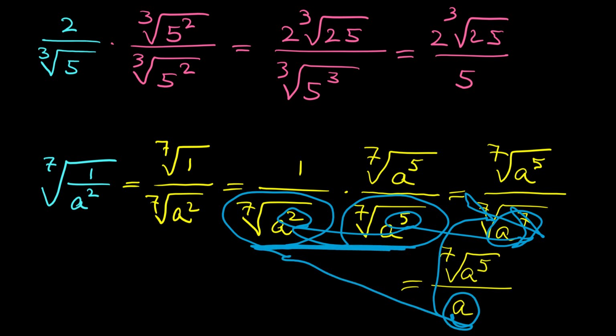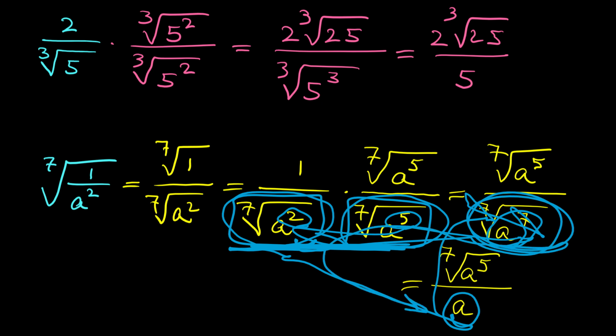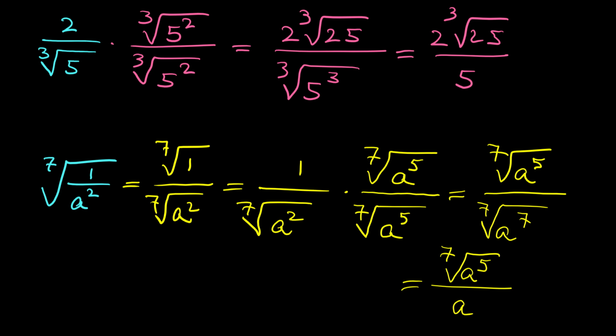Gradually, it's better for you to be able to multiply these two by each other and immediately skip this middle step and jump to here. Let me tell you the rule for this. Please pay attention here. Whenever we have, let's say, the 5th root of a to the 3, when we multiply this by the 5th root of a to the 2, what is the answer?